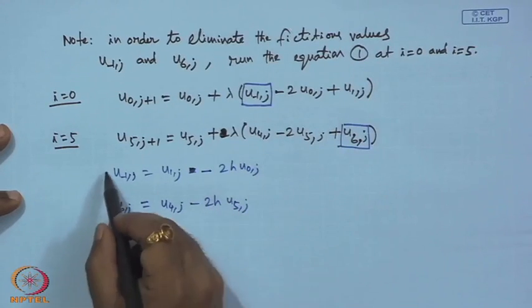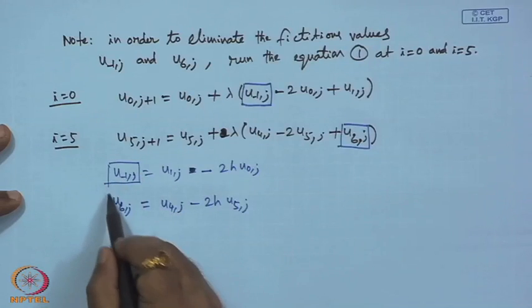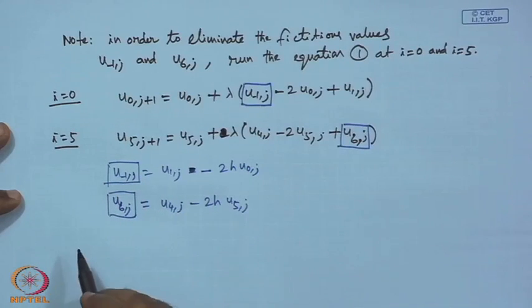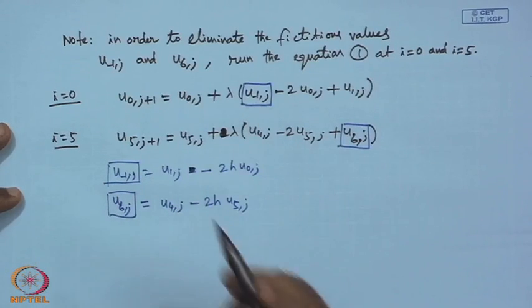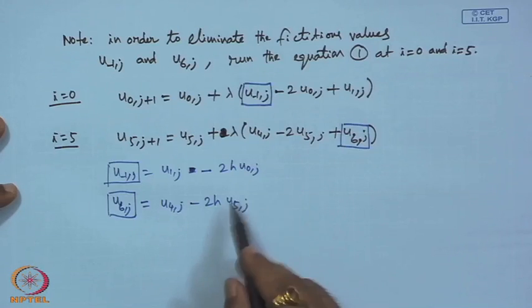So, we can eliminate these two fictitious values. Okay.